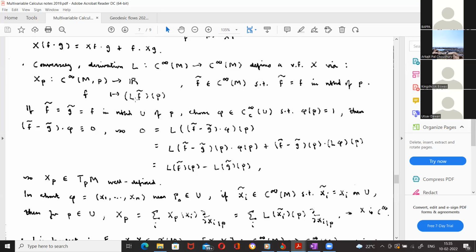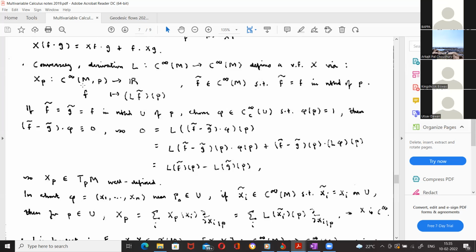So once you can see that it's well defined, it's easy to see that this is linear and satisfies the Leibniz rule at P, because L is linear and satisfies the Leibniz rule at P. So therefore this defines a tangent vector.